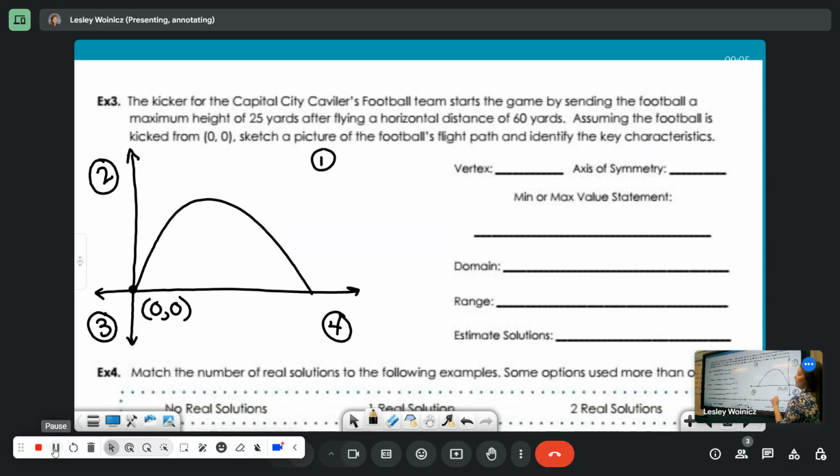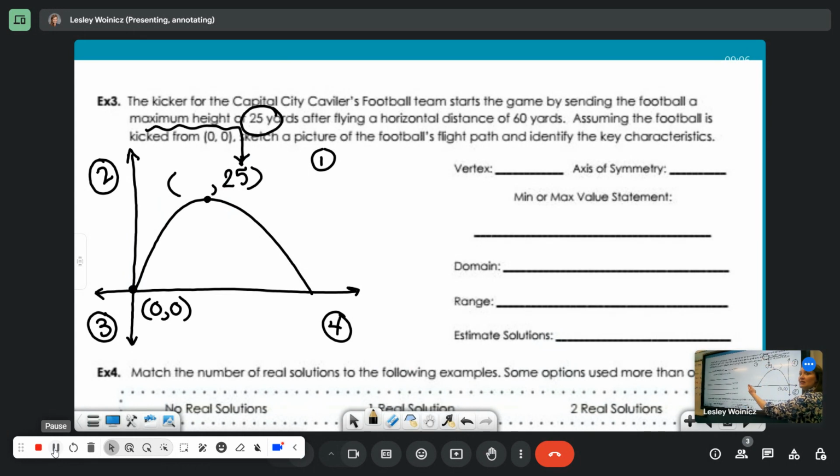How high is my maximum height? 25. Is that the x value or the y value of my vertex? The y. So I put the maximum height as my y coordinate. Okay.